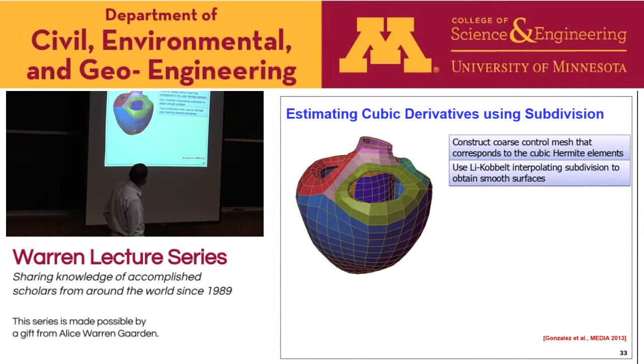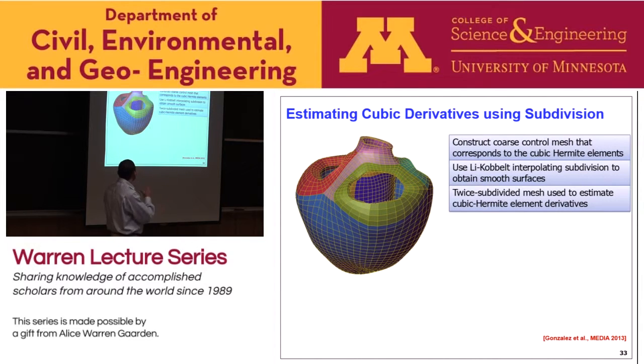And when you do this twice, you get this sort of smooth surface. And then what we can do is go to the original nodes of the base mesh and figure out the direction of these subdivided elements and use those directions to compute the derivatives, which we then use to construct the cubic Hermite elements.